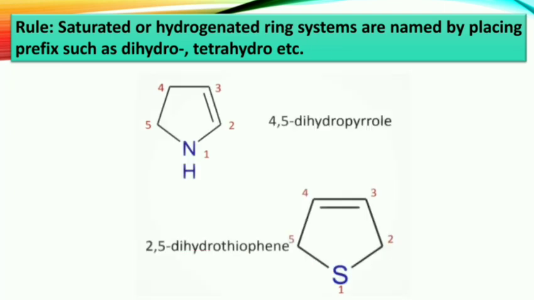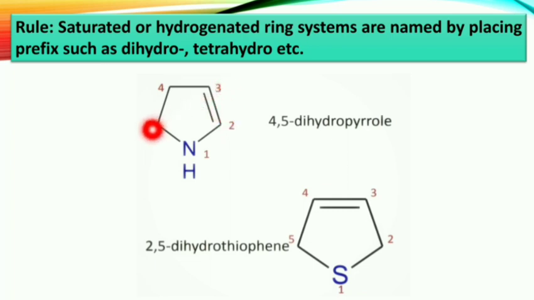Then we'll see another example. When the saturated and hydrogenated ring is present in the structure, you have to place a prefix such as dihydro or tetrahydro. This structure is half saturated, so you have to identify which points in the structure are saturated. Positions 4 and 5 are saturated in this compound, because at positions 2 and 3 we have the unsaturation.